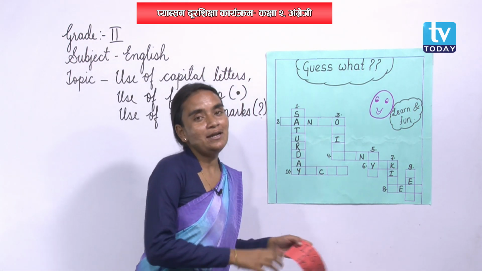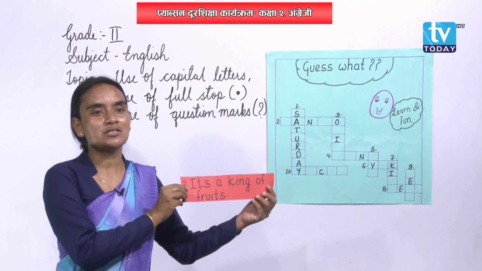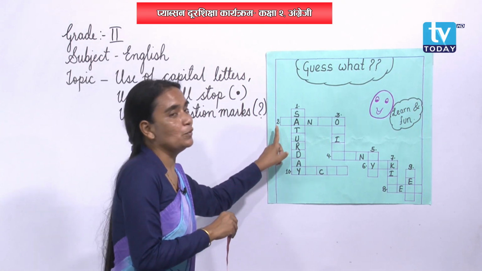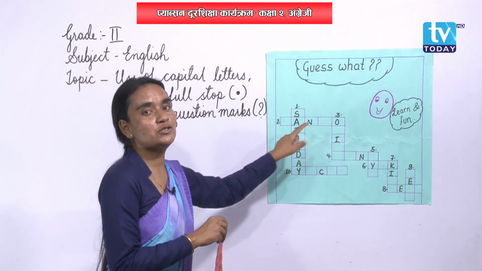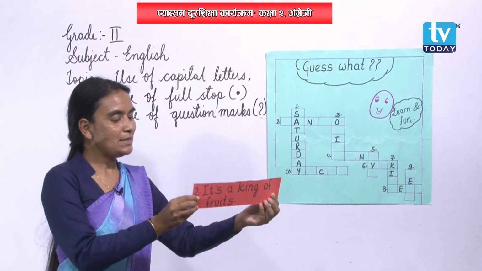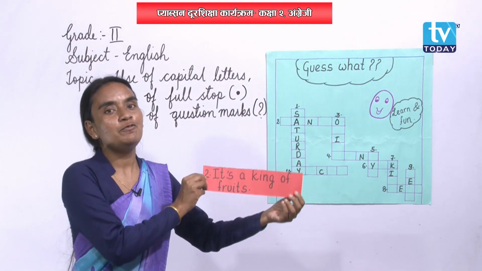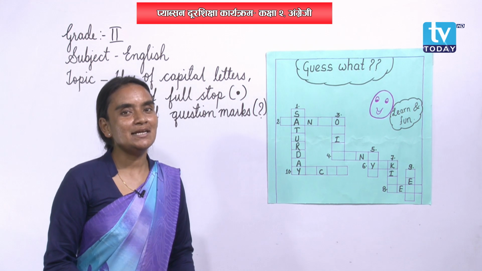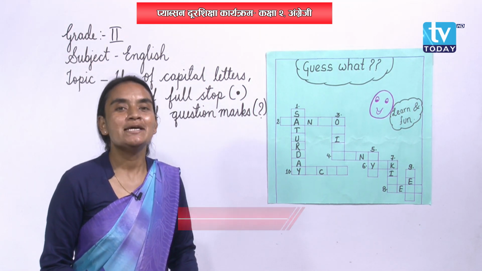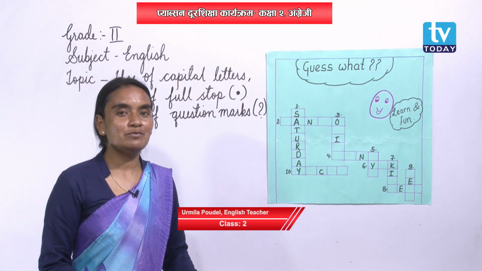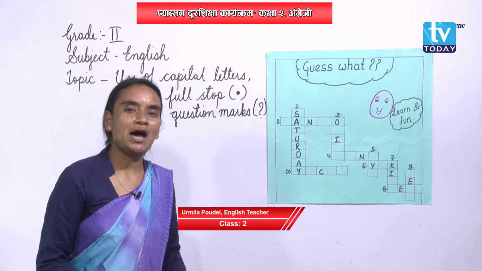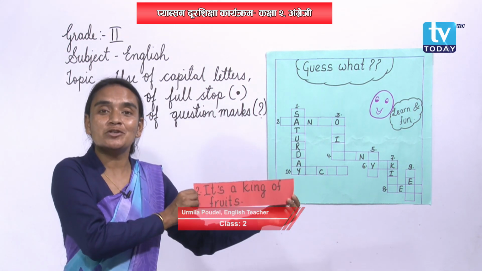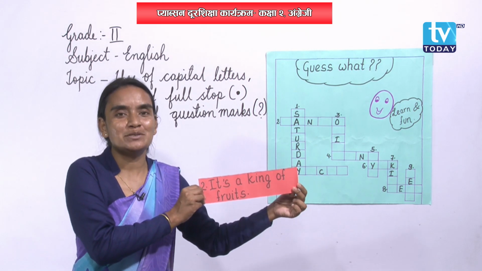Now we'll go for number 2. So dear children, here I have the next instructions to fill up. Number 2, even number, left to right. Here it's the king of fruits. These days we are having it a lot. It's summer season. The fruit which we are talking about is found mostly in summer and it's also called the king of fruits.